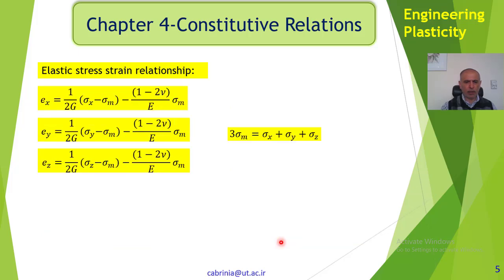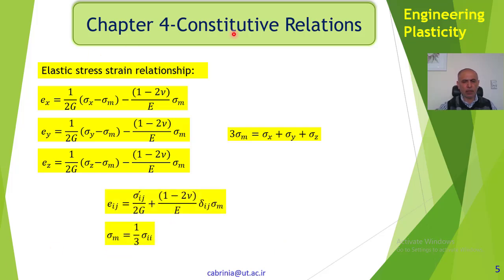I have written this again, and we can show these relationships in tensor form. e_ij is equal to sigma_ij prime, that's the deviatoric, that is sigma_ij minus sigma m, divided by 2G, plus delta_ij sigma m, that's the Kronecker delta, and sigma m is 1 over 3 sigma_ii, which is this one.